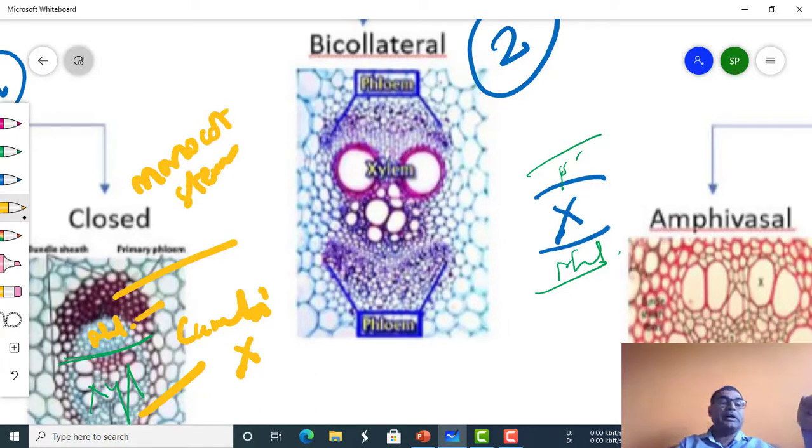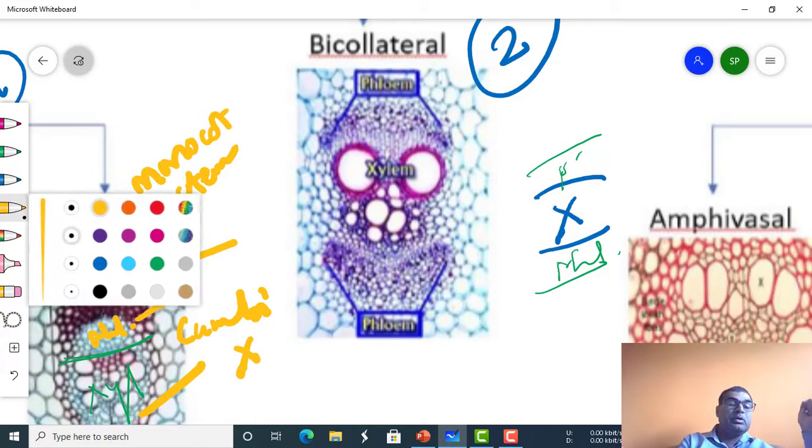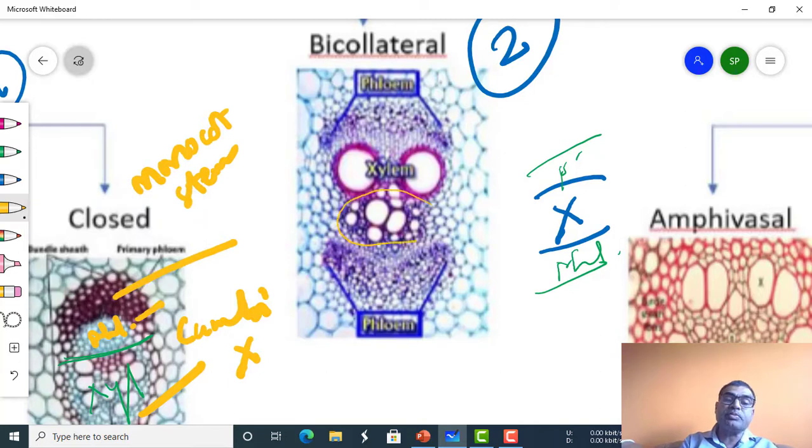Okay, bicollateral type of bundles are present in members of family Cucurbitaceae. In case of bicollateral type of bundle, xylem is present in the center. This is the portion, let me clear it. This one is a portion of the xylem.